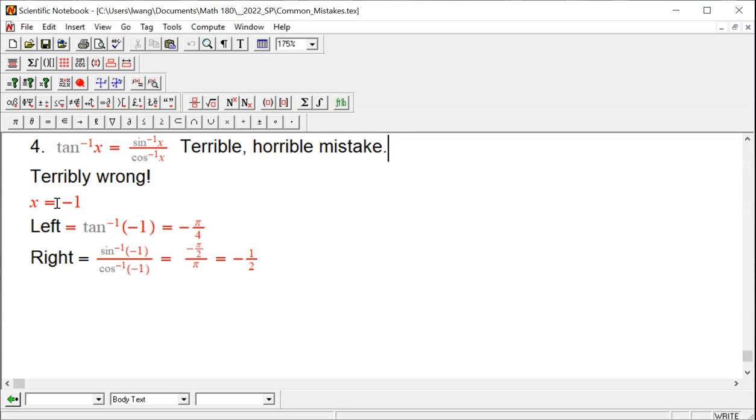All right, so I think these are the 4 major mistakes, and I'm going to point out another mistake. If sine of A equals sine of B, can we say then A equals B?